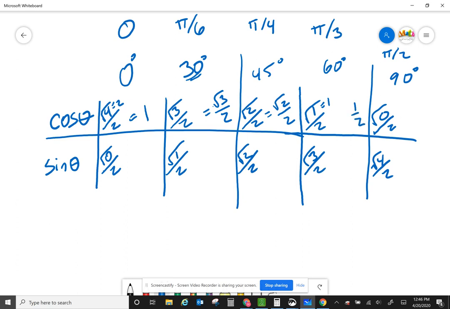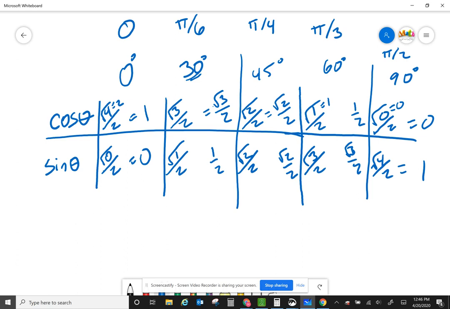So I'm going to simplify this as 1/2. The square root of 0, isn't that 0? 0 over 2, isn't that 0? So for sine, the simplified version, I get 0, 1/2, radical 2 over 2, radical 3 over 2, and then 1.